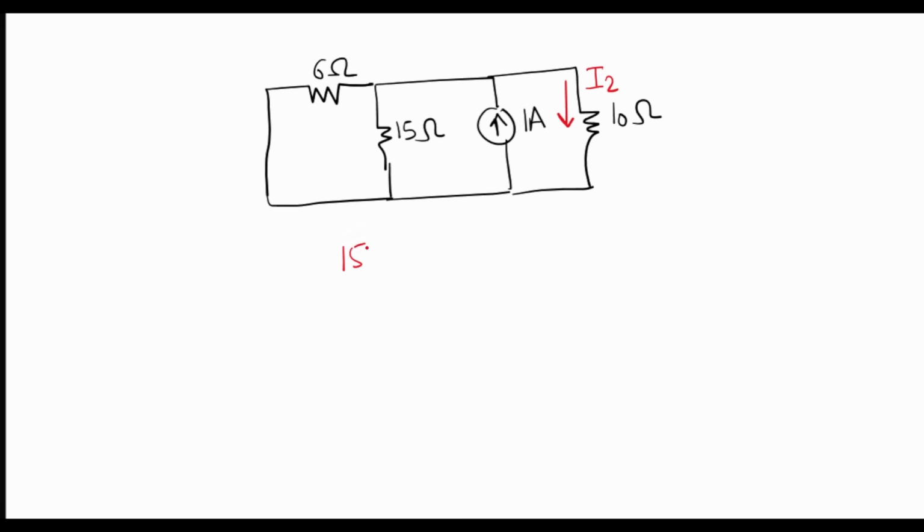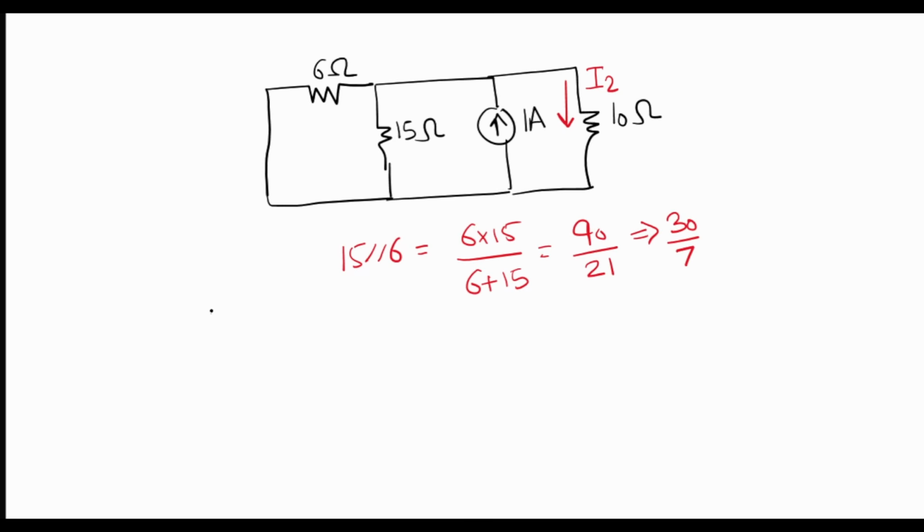The parallel combination of 15 and 6 equals 6 into 15 divided by 6 plus 15. So this would be 90 divided by 21, which is 30 divided by 7.